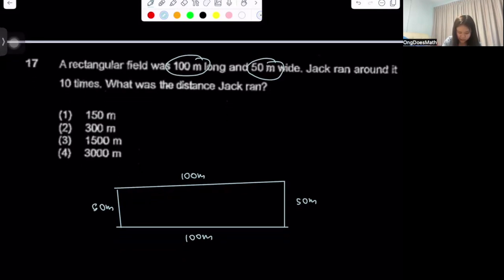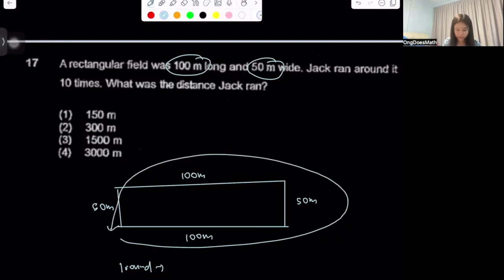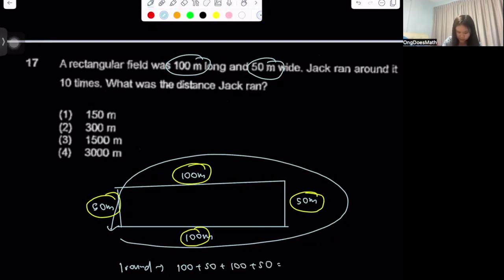One round around the entire rectangular field, what's the distance? It's just the perimeter, which is just 100 plus 50 plus 100 plus 50. So this should give you 300.